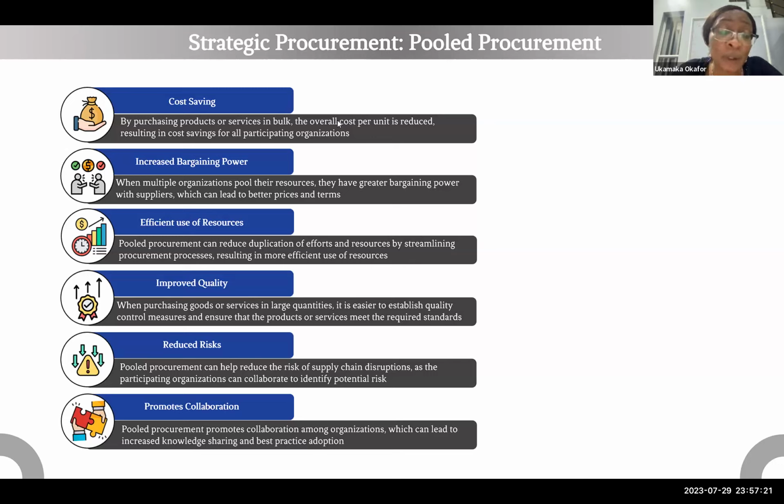I also want to give examples with our DMAs and the PMG-MAN. PMG-MAN is the Pharmaceutical Group of the Manufacturers Association of Nigeria. In Nigeria, we have the Manufacturers Association of Nigeria.